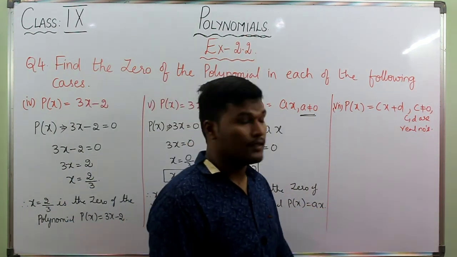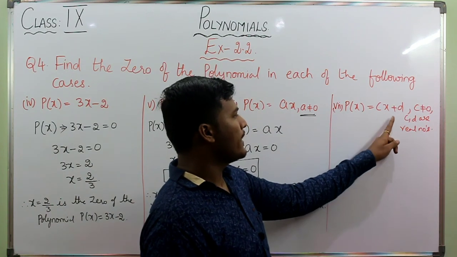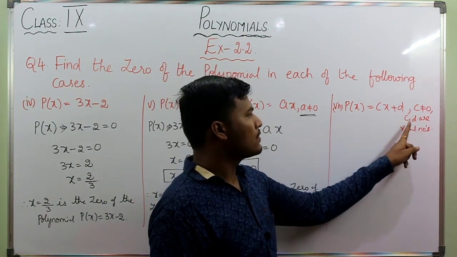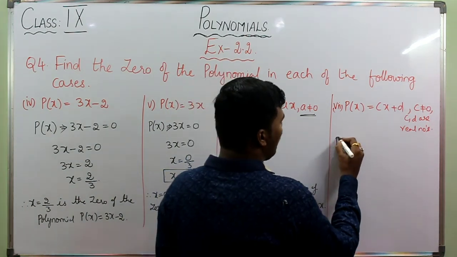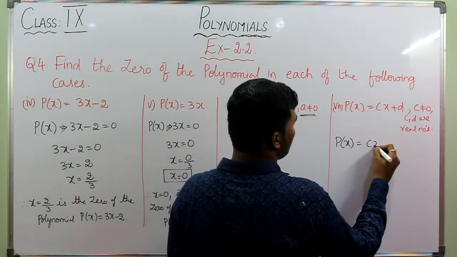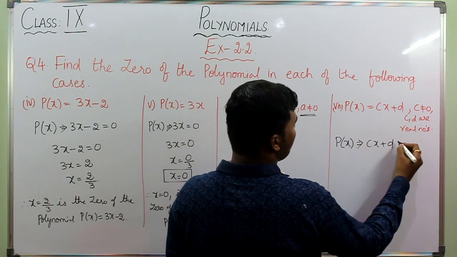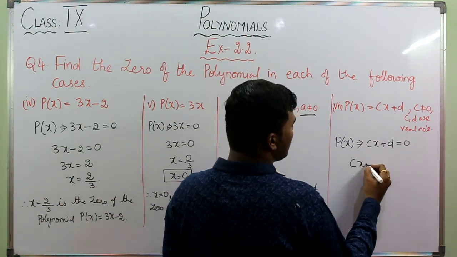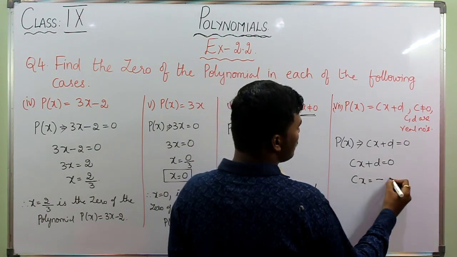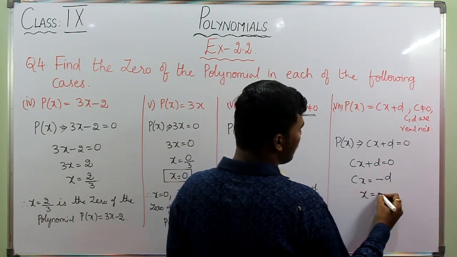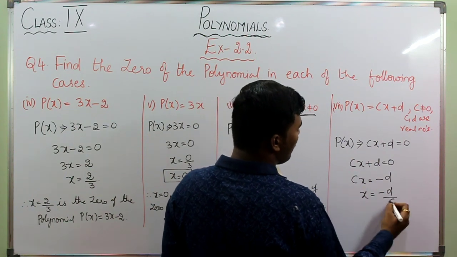And the last one, that is P of x is equals to cx plus d. Here c is not equals to 0 and c and d are real numbers. So let us consider P of x is equals to cx plus d, which is equals to 0. From that, cx plus d is equals to 0, so cx is equals to minus d, x is equals to minus d by c.